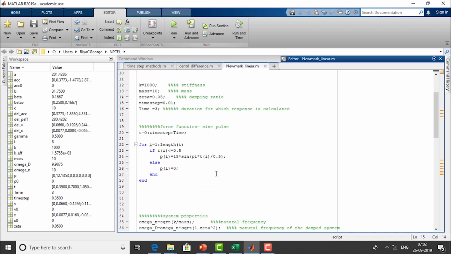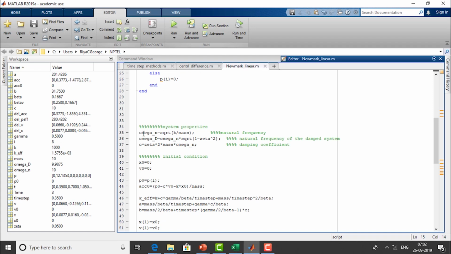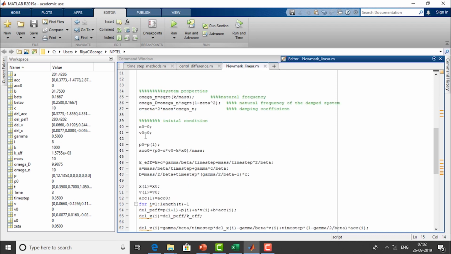The forcing function is defined as we have done earlier. We need to calculate the natural frequency, damped natural frequency, damping coefficient, etc. We know our initial conditions, so the initial displacement and initial velocity are given.